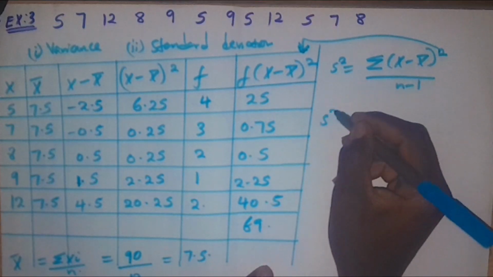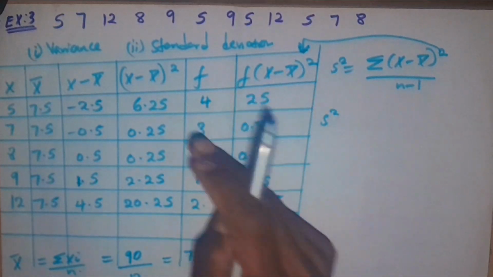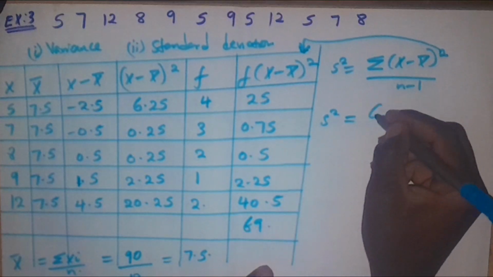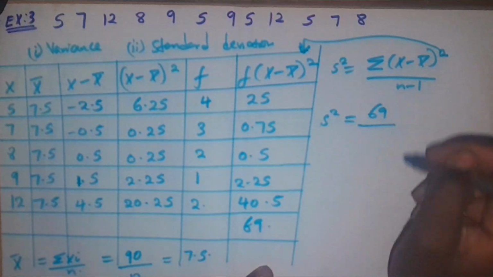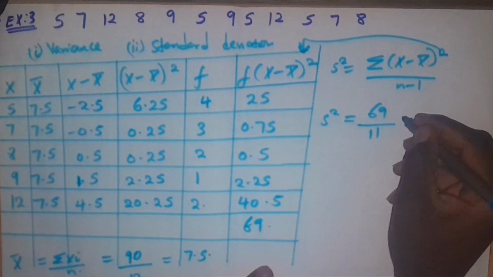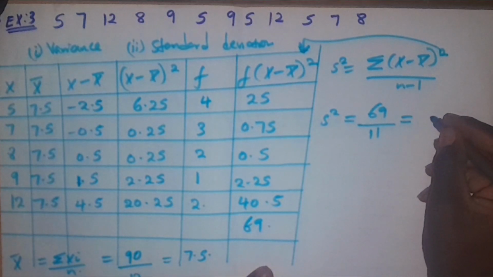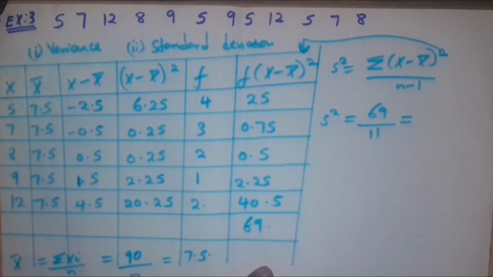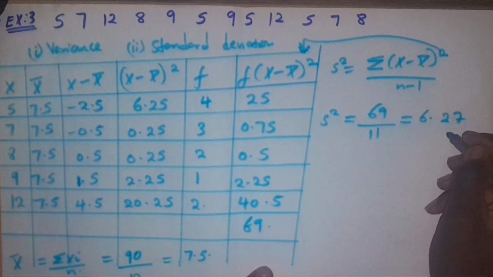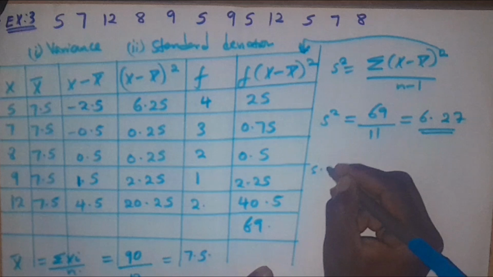So we are going to take the summation of the frequency multiplied by the deviation squared. If you look at it, our summation is 69, over the total number of values, which is 12, minus 1, that's equal to 11. Therefore, we end up with a total of 6.27.